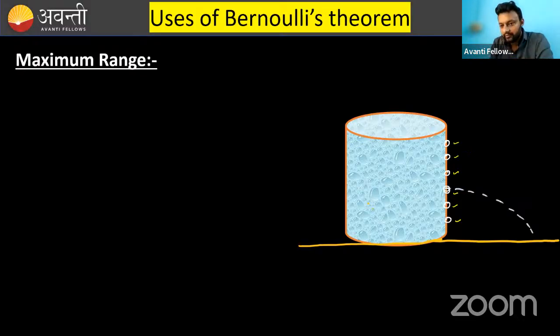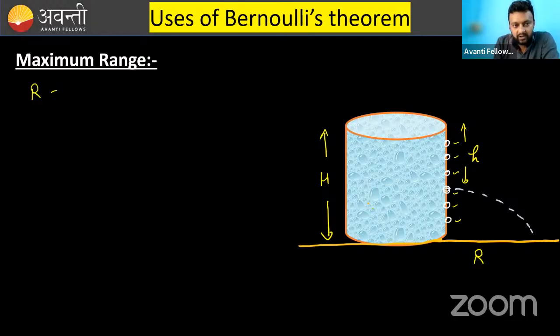We assumed this depth as h, and the total height of the container as H. What we calculated in the previous session is that the range R is equal to 2 root of h into (H minus h).